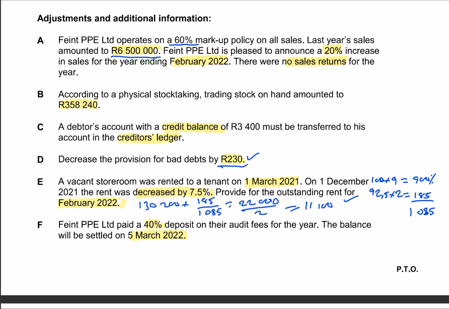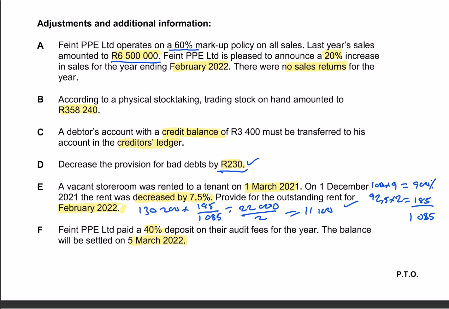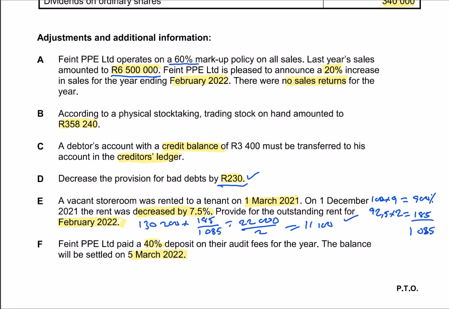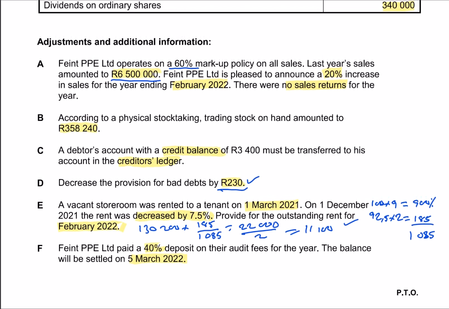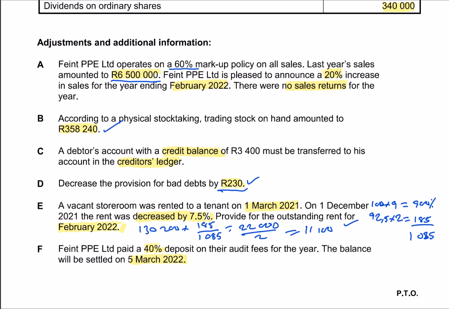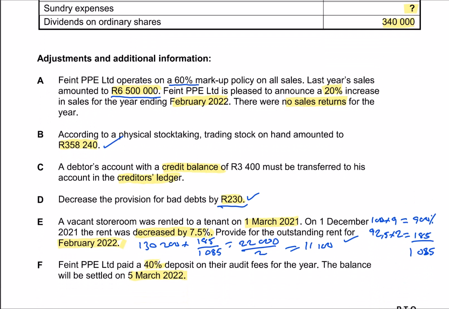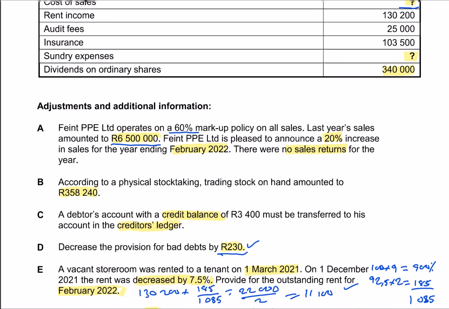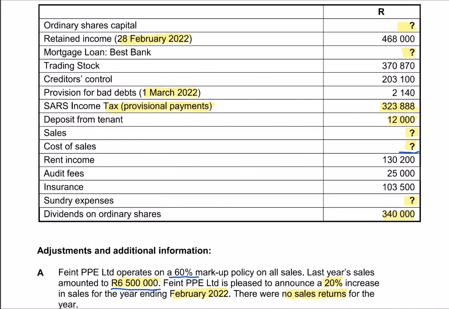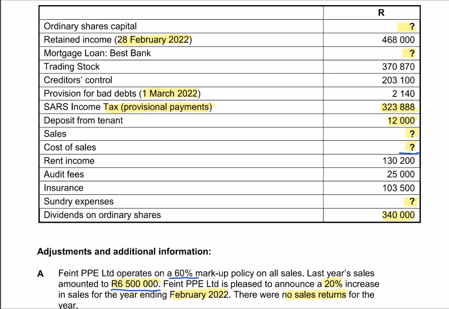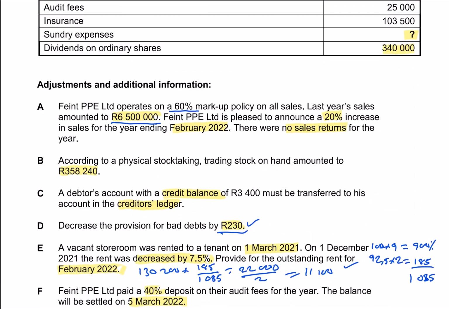Right, let's start with audit fees because that's the next one. Now let's start with trading stock so that we go through them line by line. According to physical stock take, trading stock on hand amounted to 358,240, and according to our books, we got 370,870.